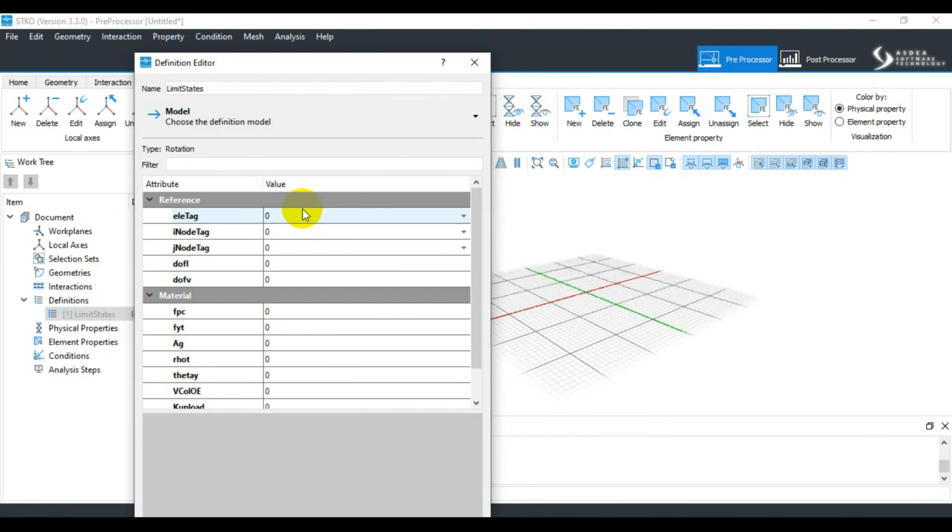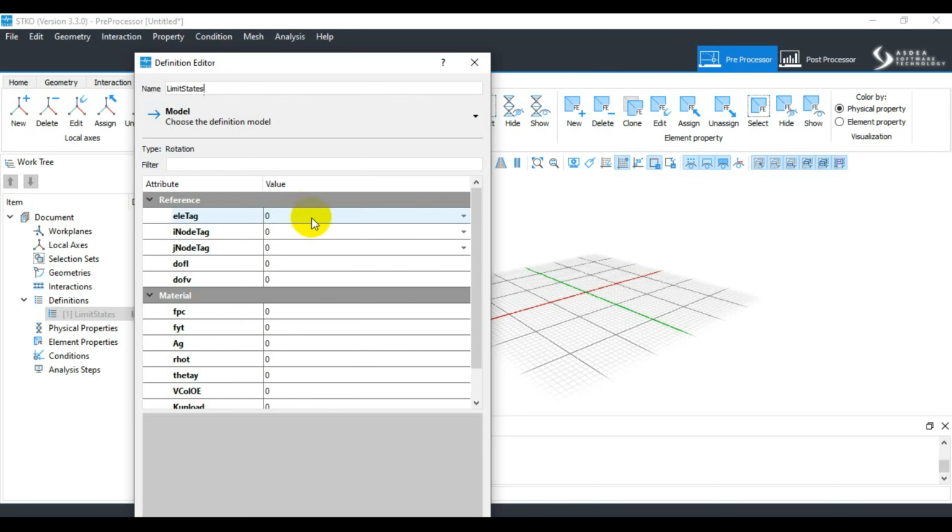In STKO, or even if you are working with OpenSees, you have to define those tags. And in the definition, you will find out in a detailed way how you can include them. So, what's the reason for including the limit state curve for the rotation?